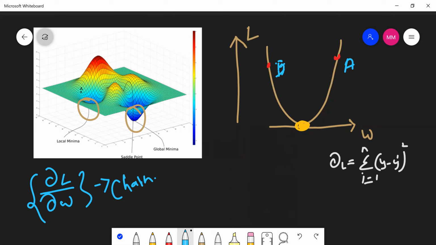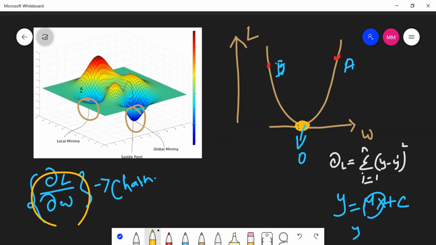Whenever we are finding the slope, that is, the derivative of loss with respect to weight at the global minima, this point will obviously be zero, because what is the slope formula? The equation of a line is y equals mx plus c. At this point the slope will obviously be zero, so this particular derivative will become zero, right? So when we are calculating the weight, what is our weight formula?